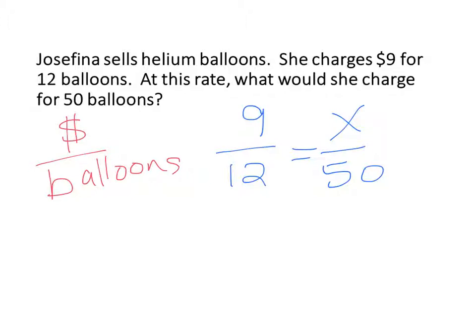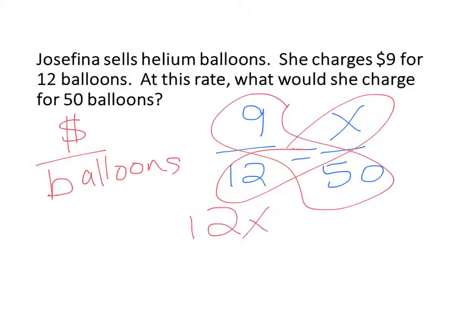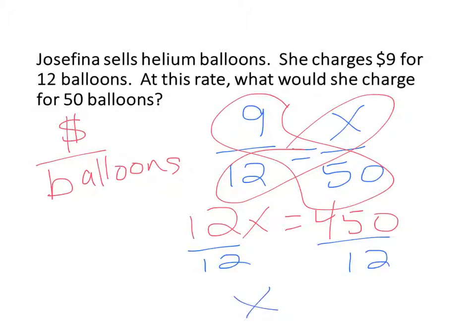Again, once you have your ratio or your proportion set up, you need to do cross multiplying and dividing. 12 times x, which would be 12x, and then 9 times 50, which would be 450. Now we can divide by 12, and x is equal to, since we're talking about money, $37.50.